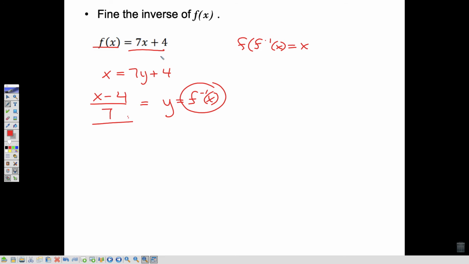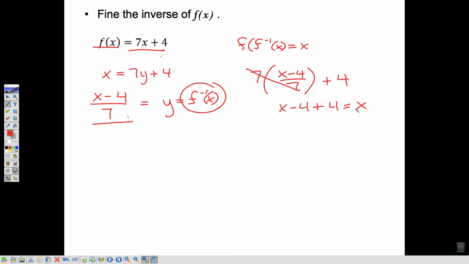It's 7 times x minus 4 over 7, plus 4. Well, these 7's reduce, yes? So it'd be x minus 4 plus 4. The 4's cancel out, they zero out, and I get x.